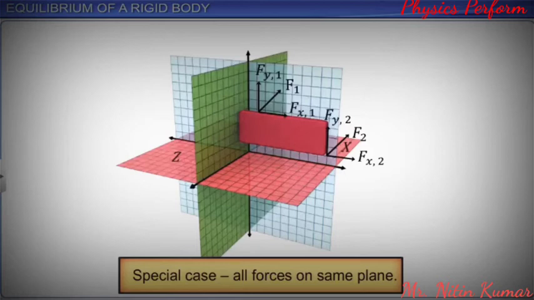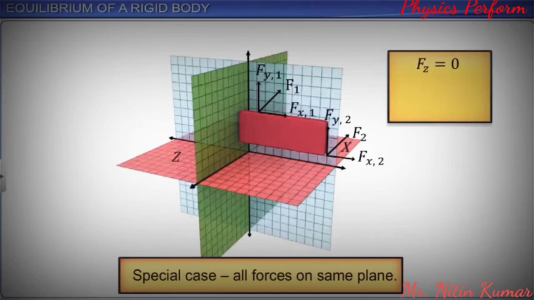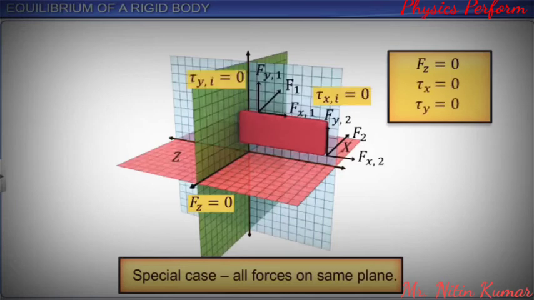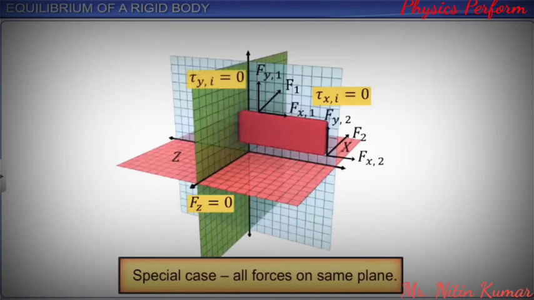Since forces in the xy plane cannot produce torques in the same plane, we can write tau x is equal to 0 and tau y is equal to 0. In such cases, we need not consider all the 6 equations discussed above to find out whether a rigid body is in mechanical equilibrium.